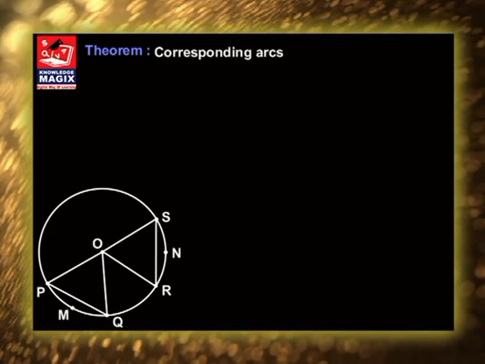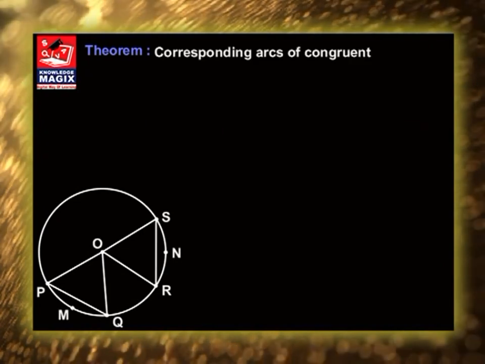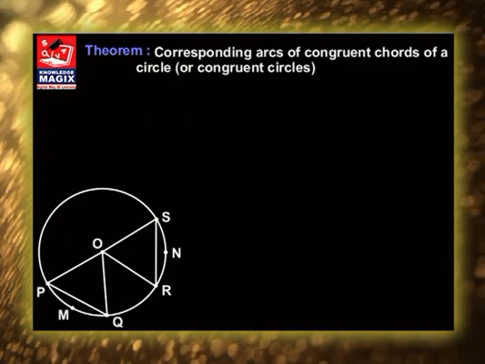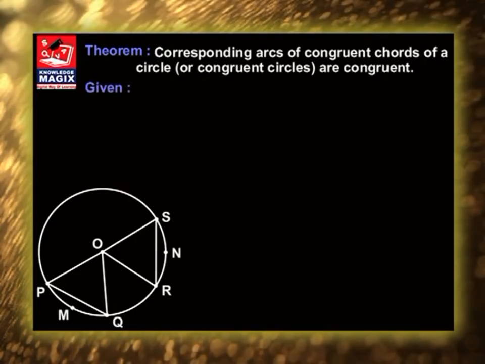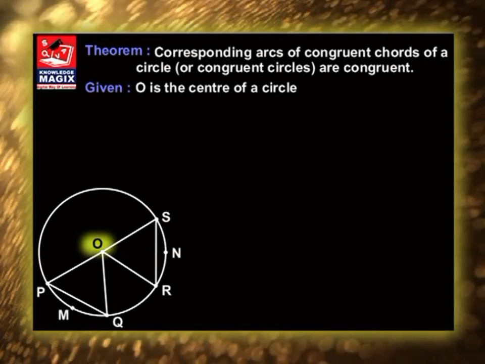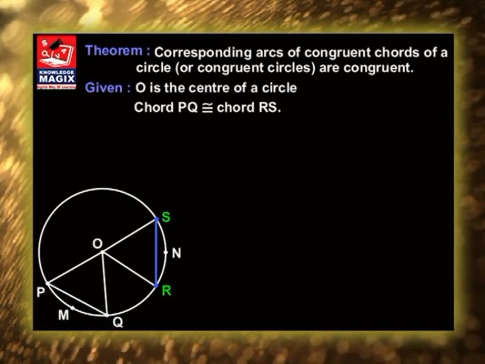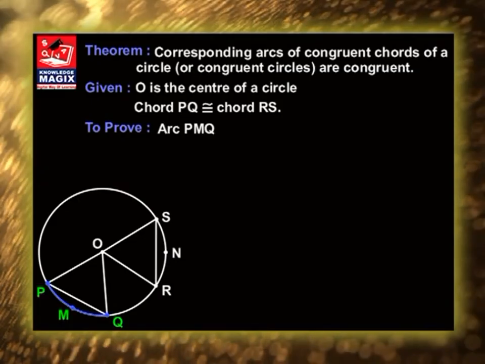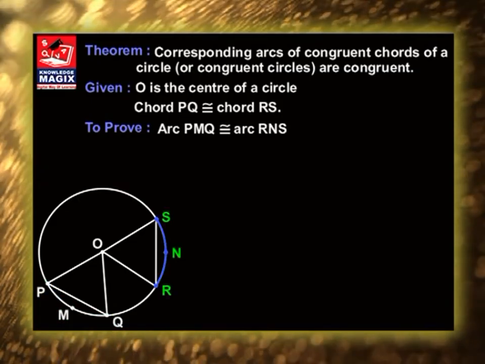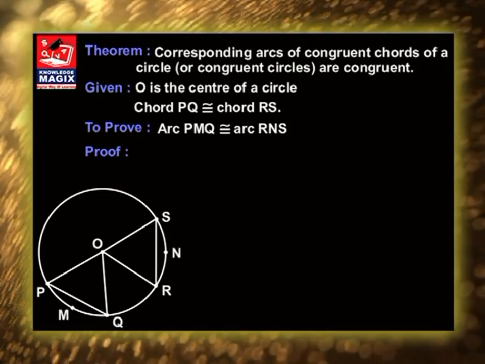Next theorem. Corresponding arcs of congruent chords of a circle or congruent circles are congruent. Given O is the center of a circle. Chord PQ congruent chord RS. To prove arc PMQ congruent arc RNS. Proof.